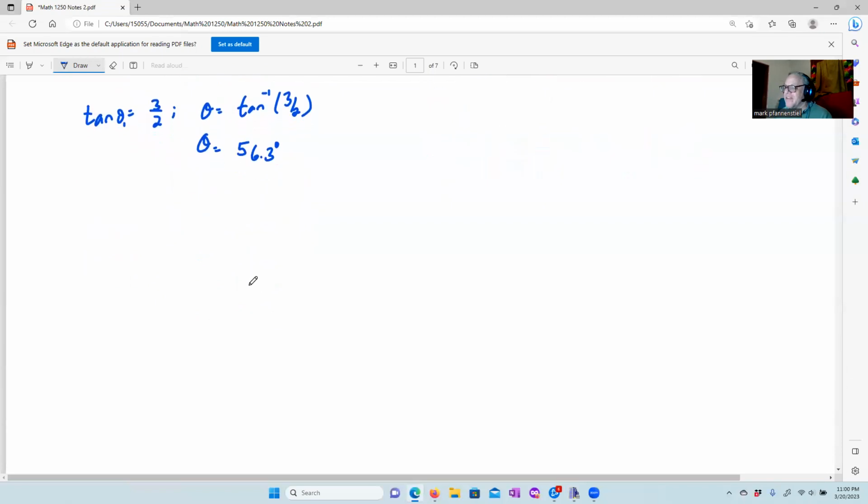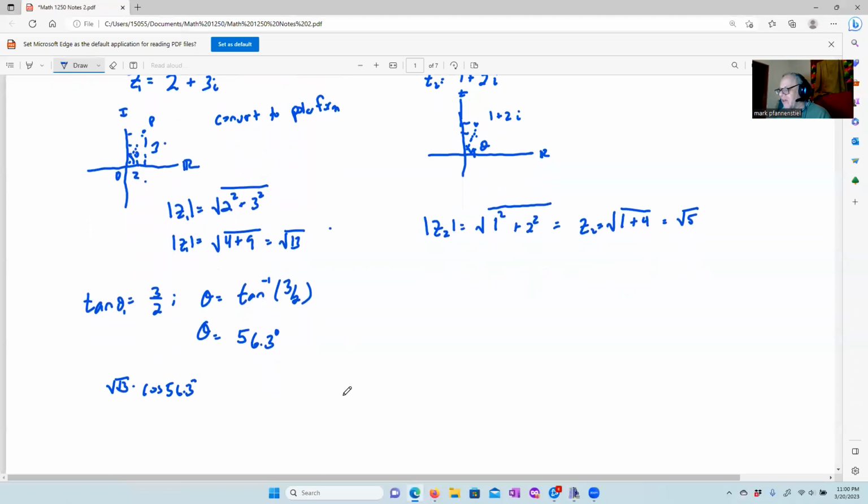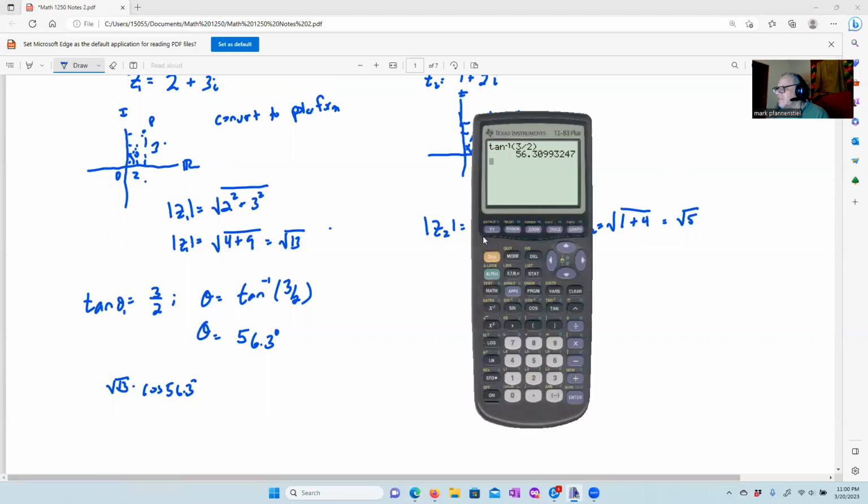So if I multiply the hypotenuse by this, then the x part is going to be the square root of 13 times the cosine of 56.3 degrees. If we do that arithmetic, let's try it: the square root of 13, in parentheses, times the cosine of 56.3.